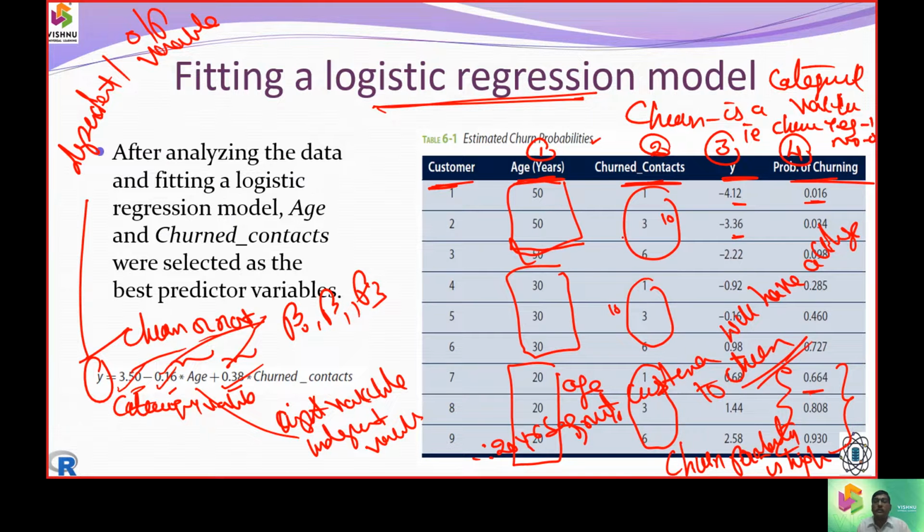Obviously, there is no other reason, because the number of contacts is 10 and their y value and probability value is nearer to 1, almost greater than the midway, that is 0.5. So the 10 friends are influencing the 20-year-old guys to move from this telephone operator and come to the new subscriber.